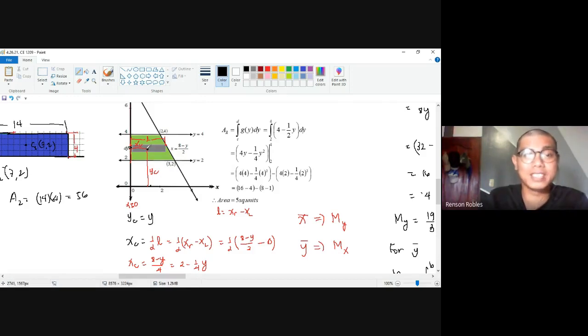This is where we can find the centroid. When you see the region, just assume this is the middle.